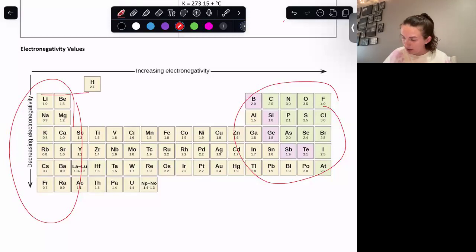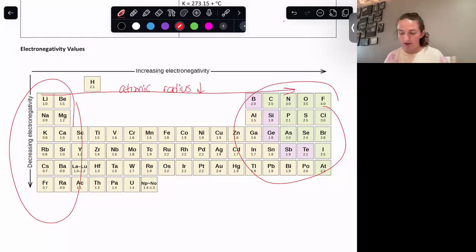Atomic radius decreases as you go across the periodic table. So just looking at elements directly off the periodic table, lithium will be bigger than fluorine because they are in the same period and atomic radius decreases.